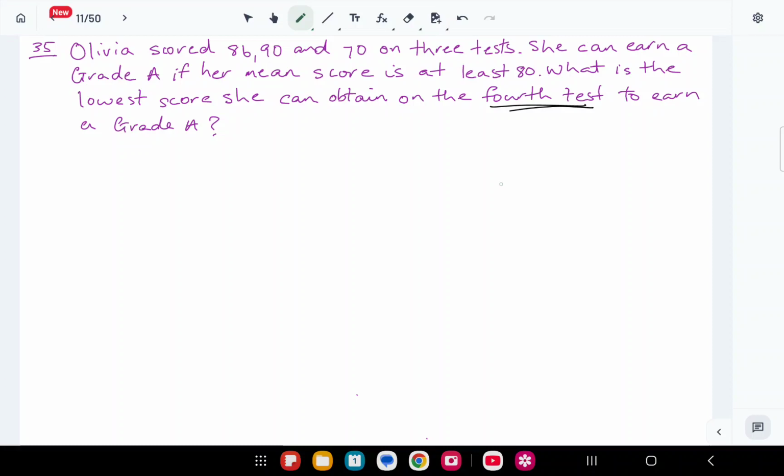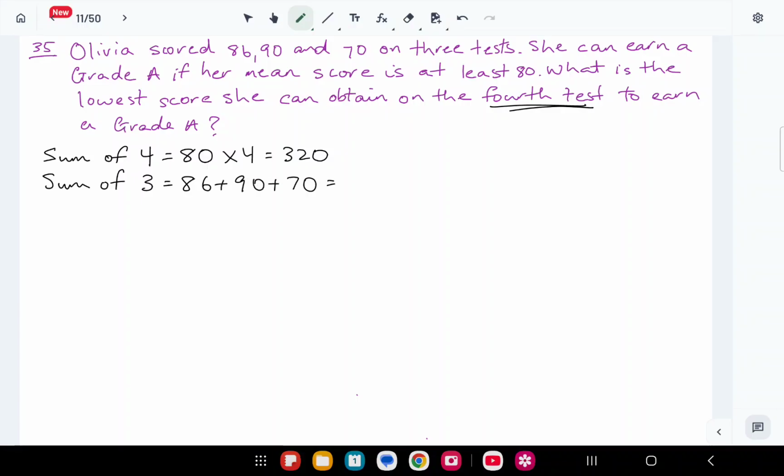So we want to find the unknown, you always find the sum. So therefore, we want to calculate the sum of the 4 tests, which would be the mean, which is 80, multiplied by 4. 8 times 4 is 32, add the 0, 320 marks. There's the total marks there, right? Now we want to calculate the sum of the 3 marks that they give us, which is 86 plus 90 plus 70, which is equal to 246.